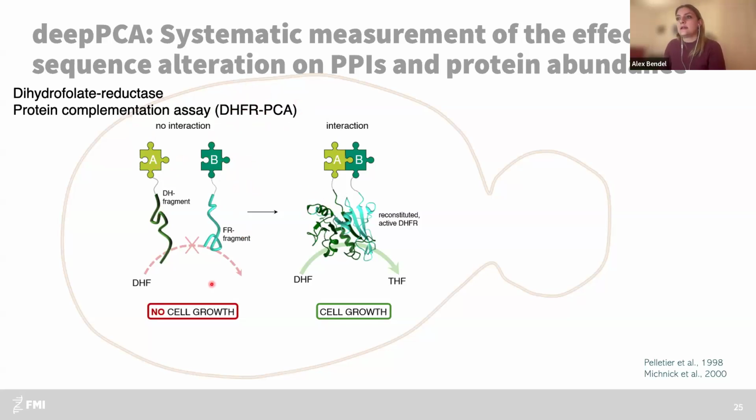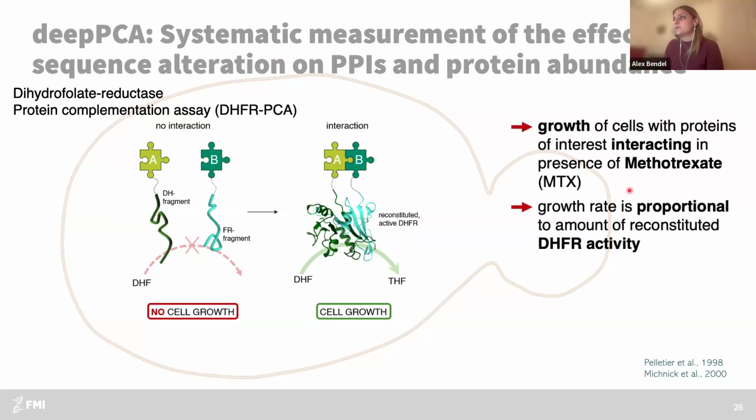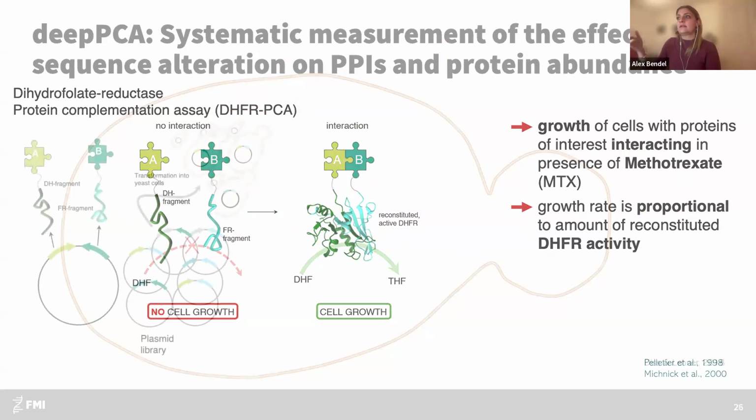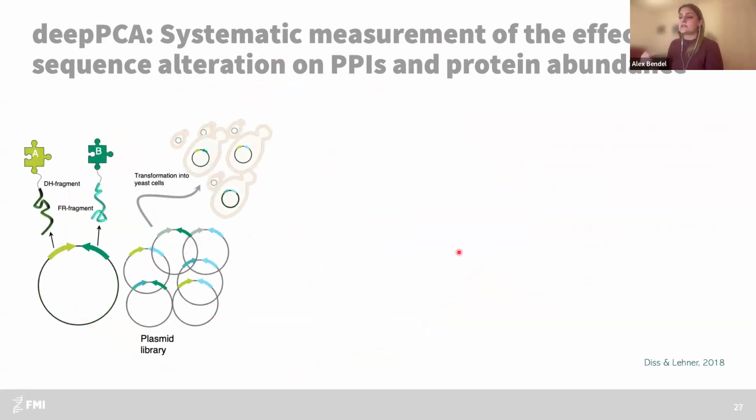These proteins are then expressed in yeast cells, and in case of interaction, DHFR is reconstituted and active in the presence of the drug methotrexate, which allows cell growth at a rate proportional to the amount of reconstituted DHFR activity. And this quantitative nature of the assay then allows us to use this in a pooled deep mutational scanning format.